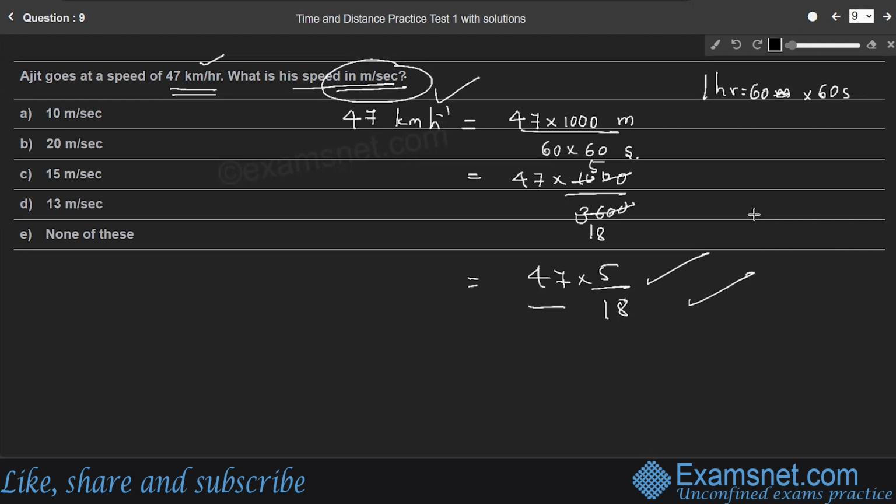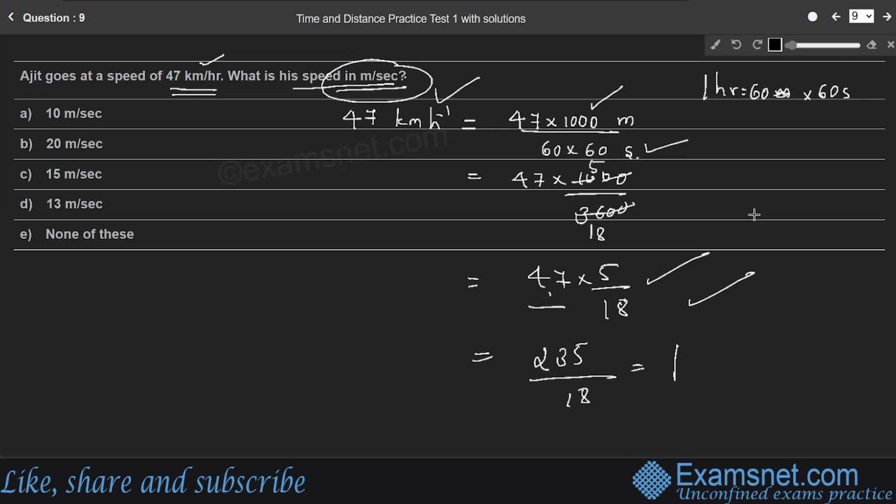Right? If you want to convert this kilometer per hour into meter per second, multiply that particular number by 5 by 18. Otherwise, you have to write 1 kilometer is equal to 1000 meter, then divided by per hour means 60 into 60 seconds, right? So here on simplification, you will get 7 into 5, 35, 5 into 4, 20, 20 plus 2, 23, 235 by 18, right?